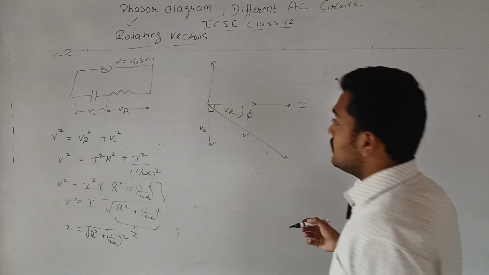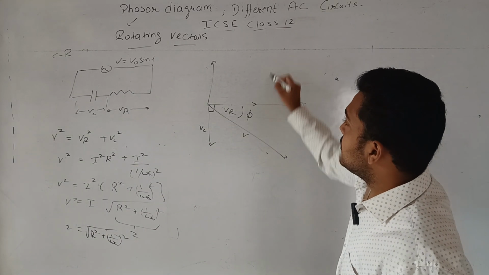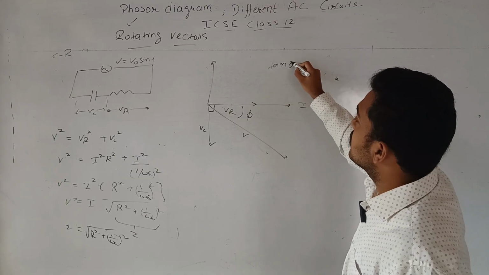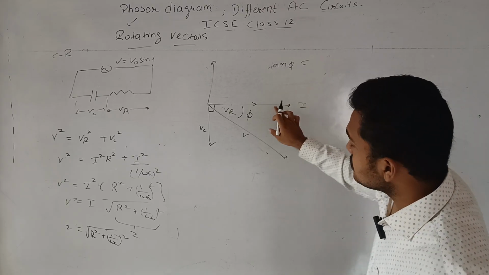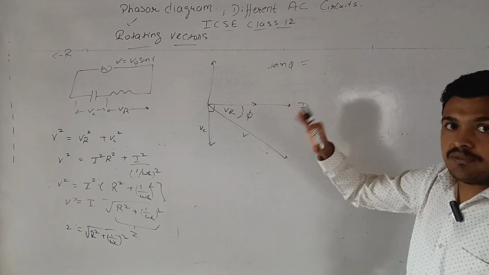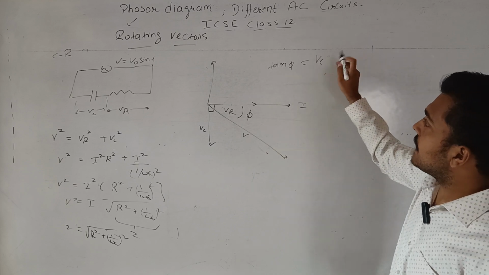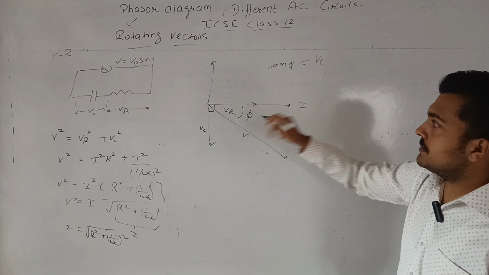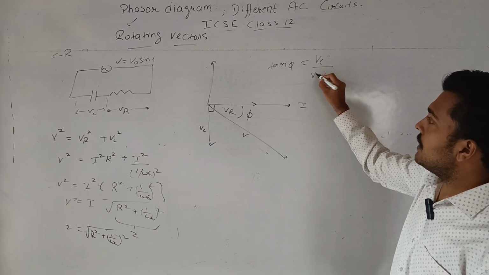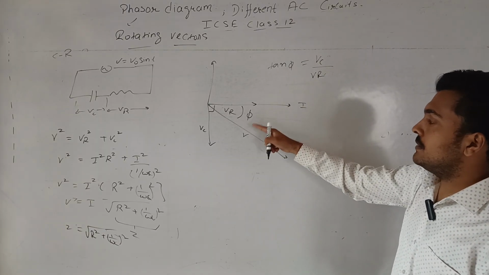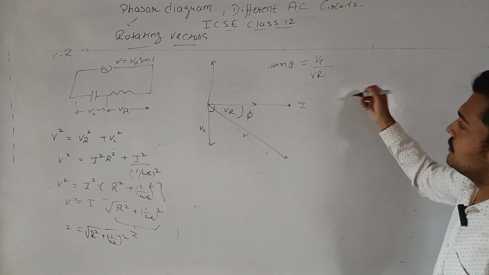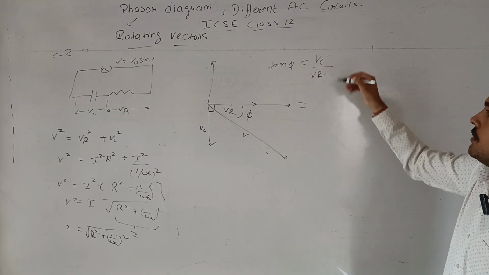So what will be tan phi? It will be VC sin theta upon VR plus VC cos theta. Sin 90 is 1 and cos 90 is 0. So tan phi is VC upon VR.